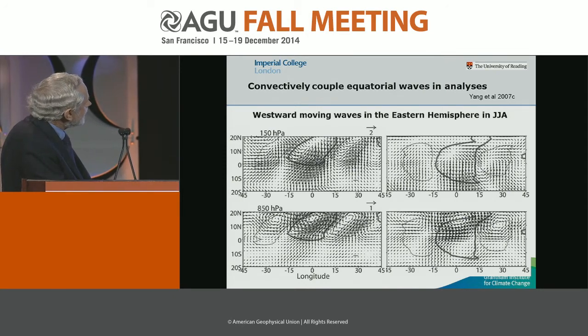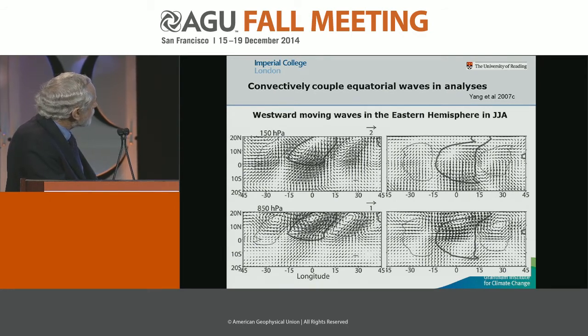But this is a structure that says, what do we see in both brightness temperature and in the velocity fields when we have a convection maximum, as given by brightness temperature, in this region here. And this is the structure of the enhanced convection and the depleted convection on either side. And then this is the structure of the flow we see, at 850 hectopascals and 150 hectopascals.